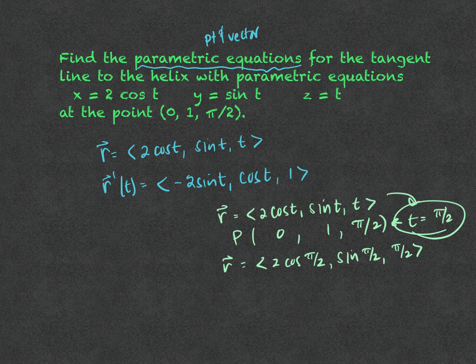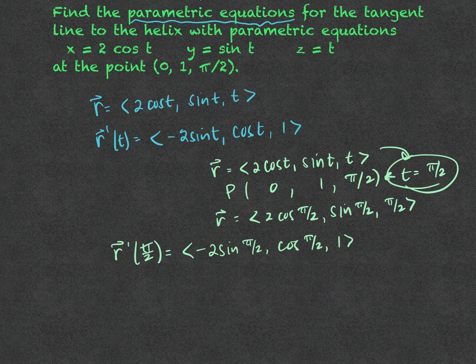Now the point of that is we need to plug that into our derivative, because our derivative gets us to our tangent line. So r prime of pi over 2 is negative 2 sine of pi over 2, cosine of pi over 2, and 1. Now we just did this, so that should help us out a lot. So r prime of pi over 2 specifically in this case: sine of pi over 2 is 1 times negative 2 is negative 2.